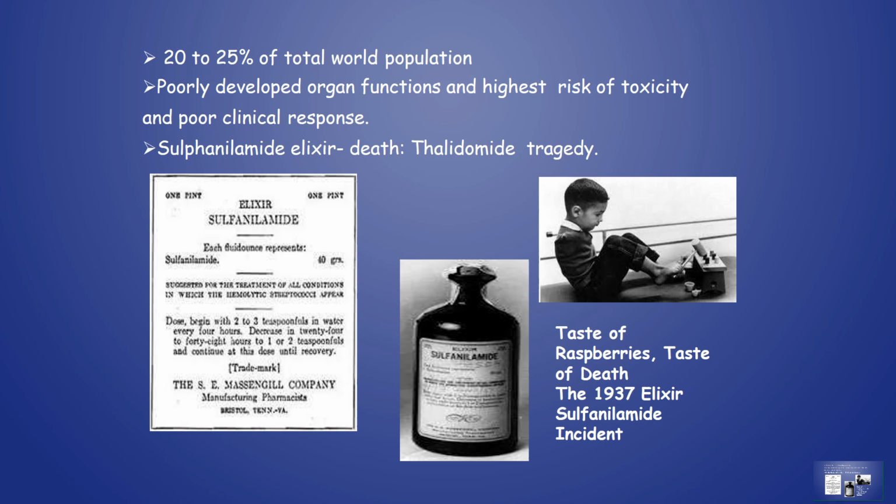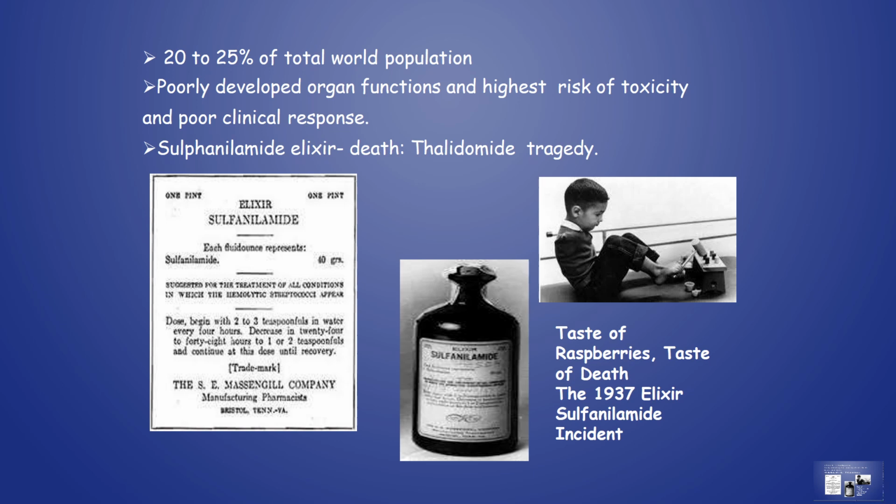Sulfanilamide elixir deaths, the tragedy of thalidomide. The sulfanilamide elixir was an improperly prepared sulfanilamide drug that caused mass poisoning in the United States in 1937. It caused the deaths of more than 100 people.